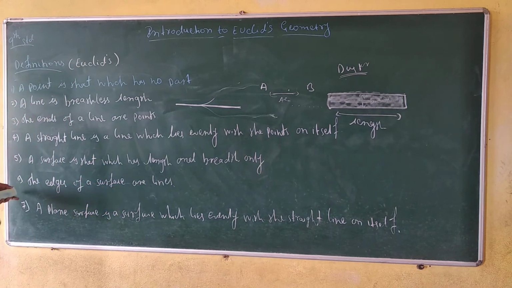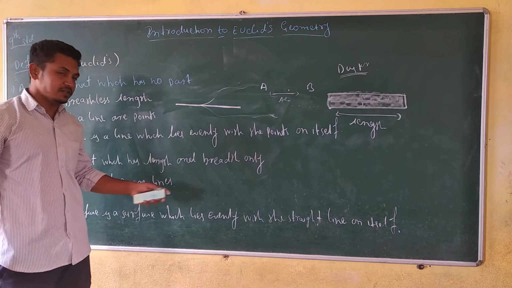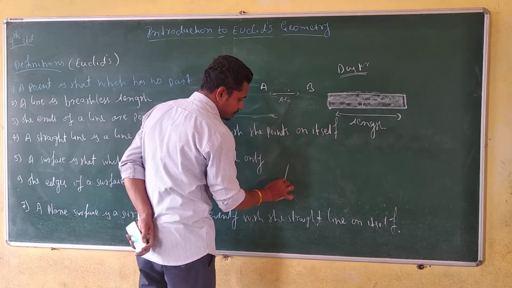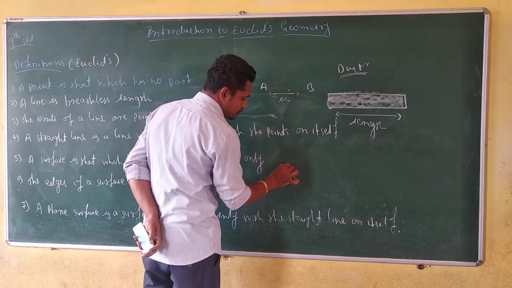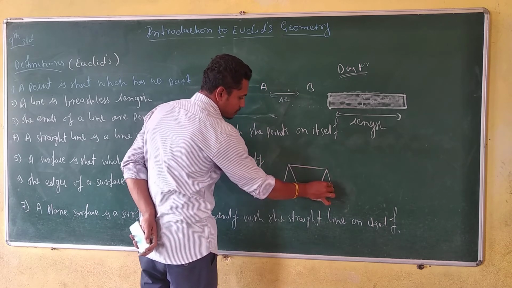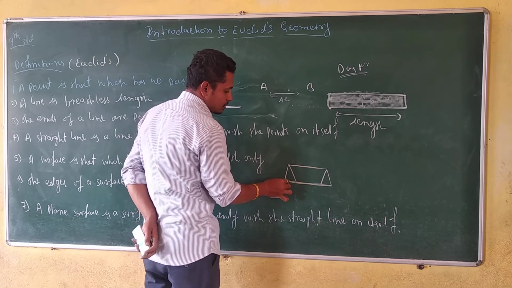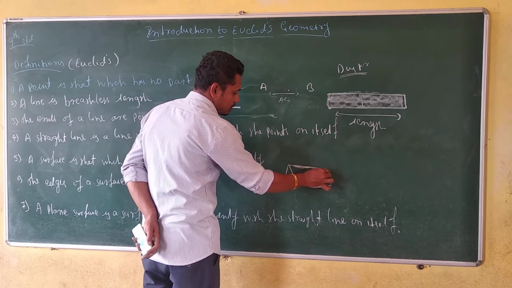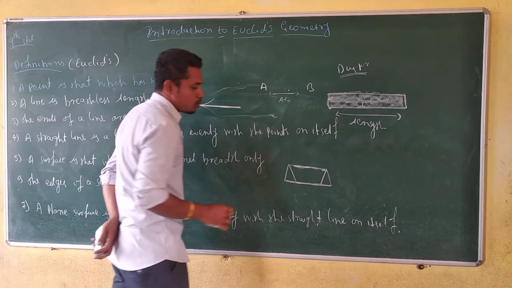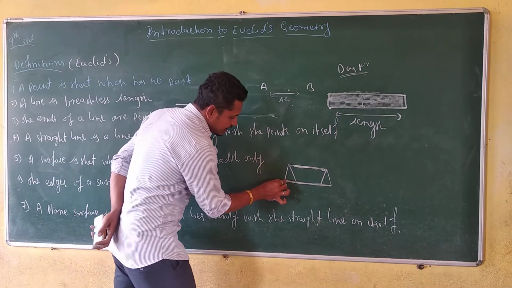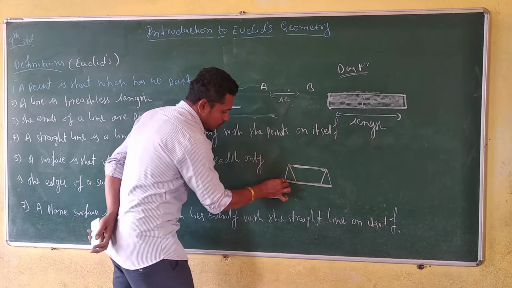Next, sixth one: the edges of a surface are lines. See here, take this as one box. These are the edges of that box.